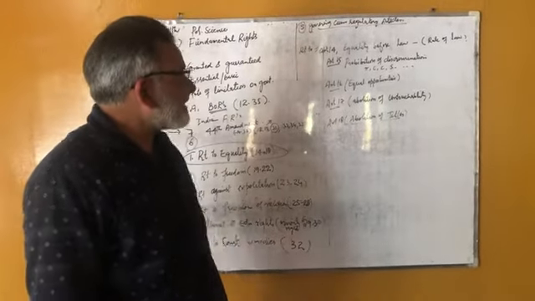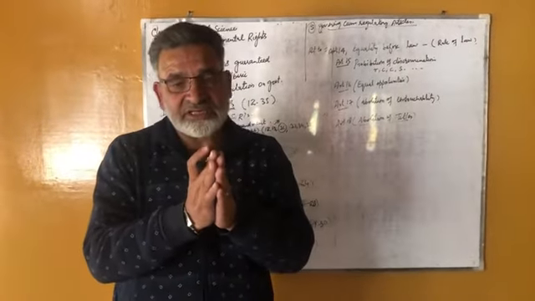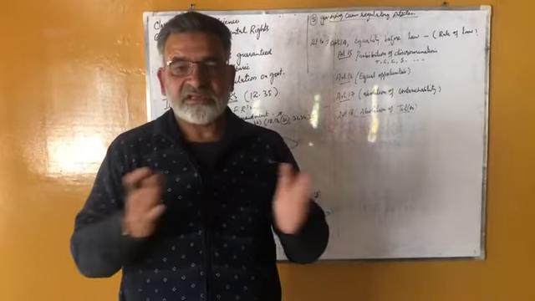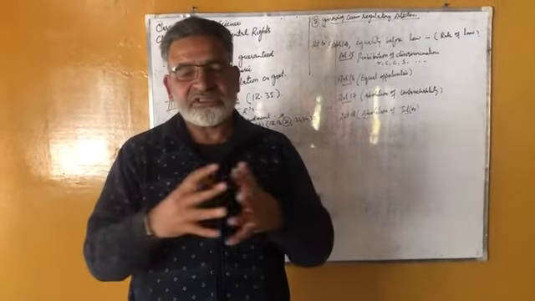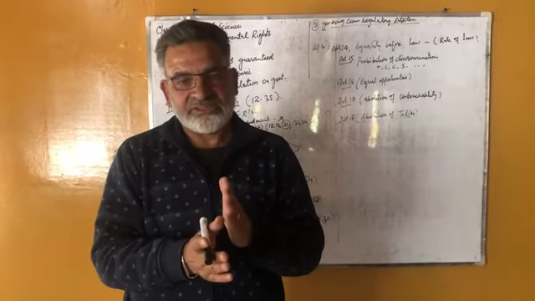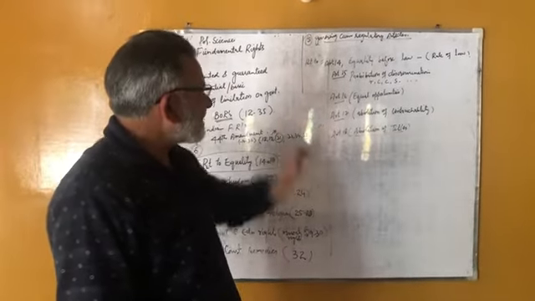Article 15 deals with prohibition of discrimination. There should not be any kind of discrimination on the basis of race, caste, class, sex, religion. All the citizens of India are equal. Likewise, we have Article 16.